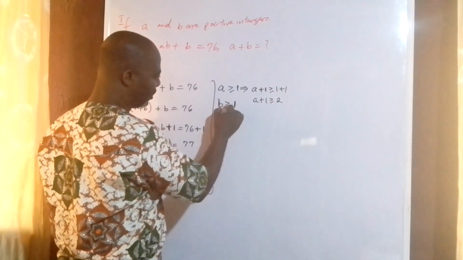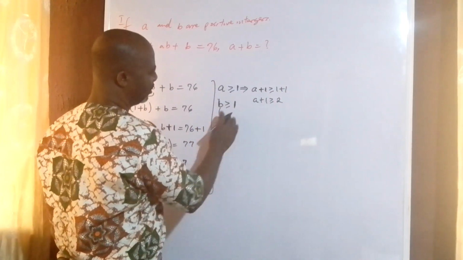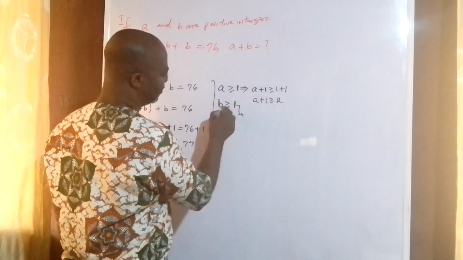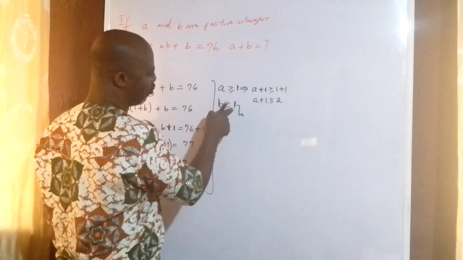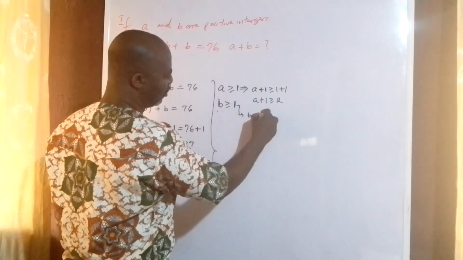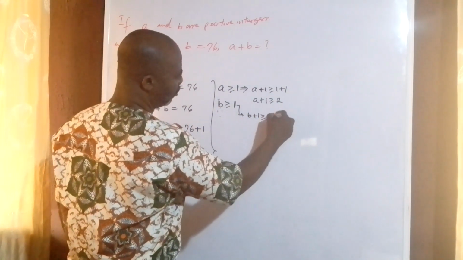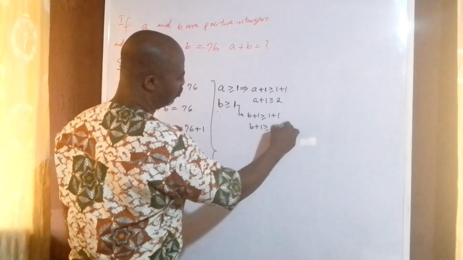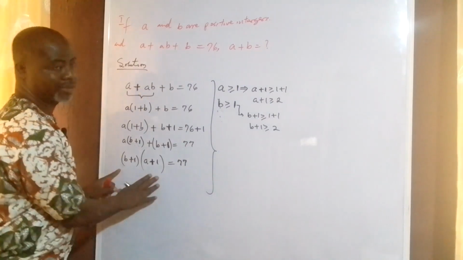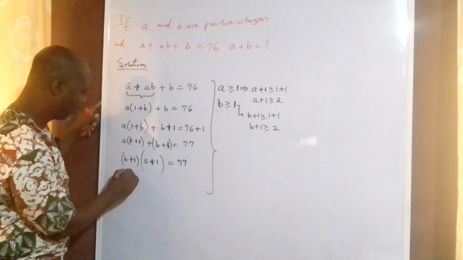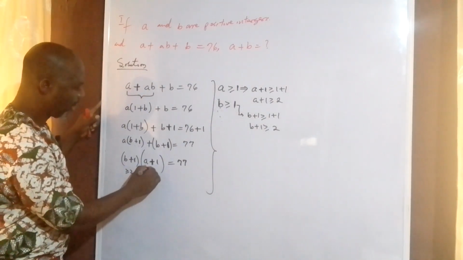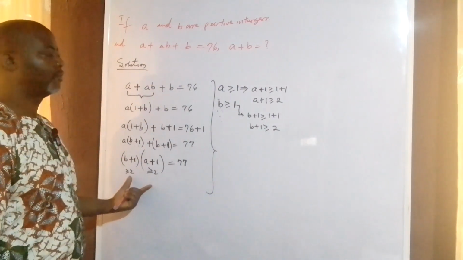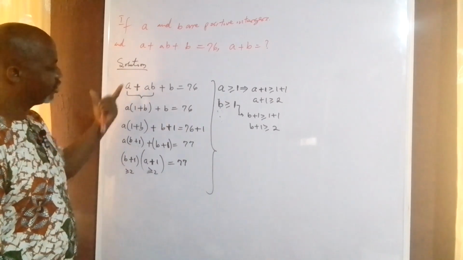The same can be said of b: if b is greater than or equal to 1, then b plus 1 is greater than or equal to 1 plus 1, therefore b plus 1 will be greater than or equal to 2. So a plus 1 must also be greater than or equal to 2, because this is very important if we are to do justice to this question.